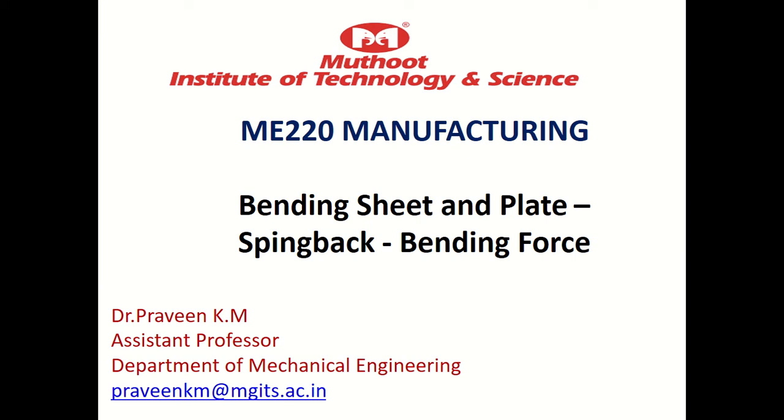In the last class, we started discussing the sheet metal forming process. We discussed what we understand by sheet metal forming, and that this process is commonly referred to as press working or press forming.